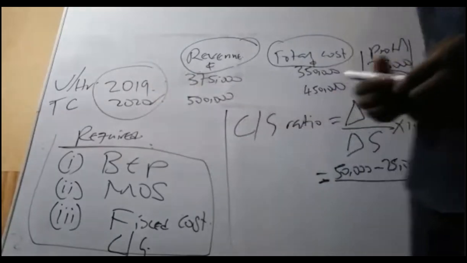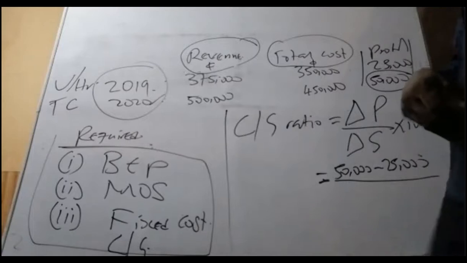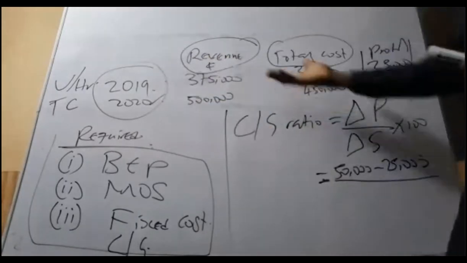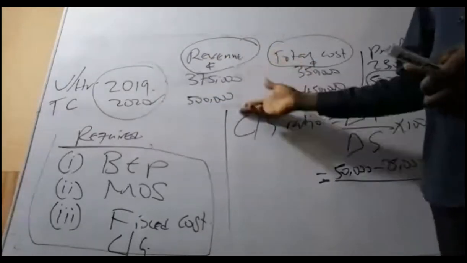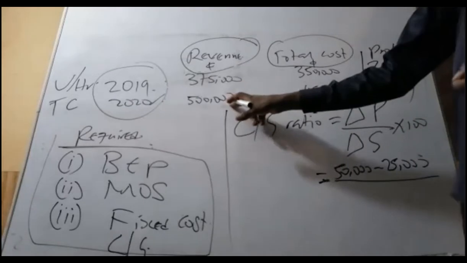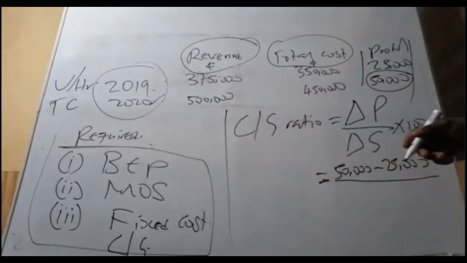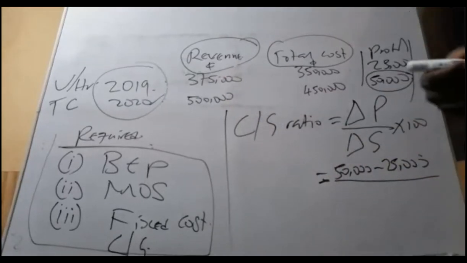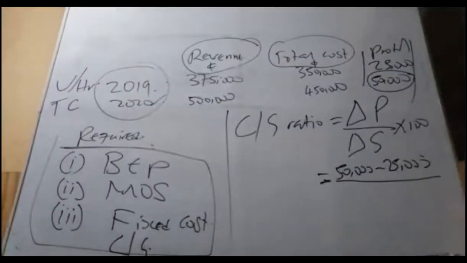Check the years. Or if they don't give you years, then you can check what? Probably the revenue. So what is the new revenue? 500. Old is what? 375.